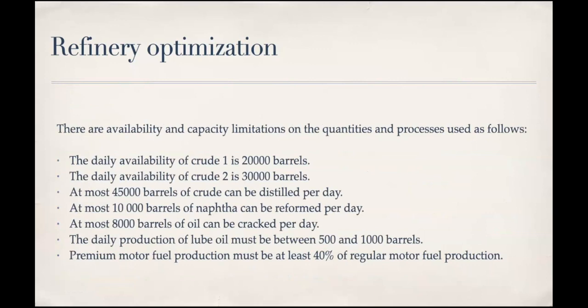Also, we have some constraints for the whole process. First, the daily availability of crude 1 is 20,000 barrels. You can order 20,000 barrels at maximum per day, because it's daily availability. And the daily availability of crude 2 is 30,000 barrels.